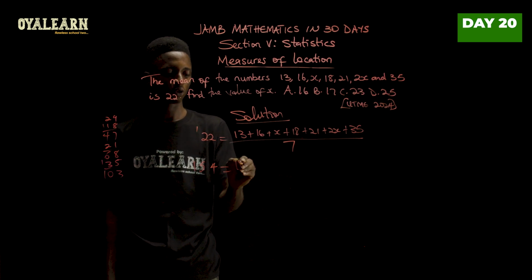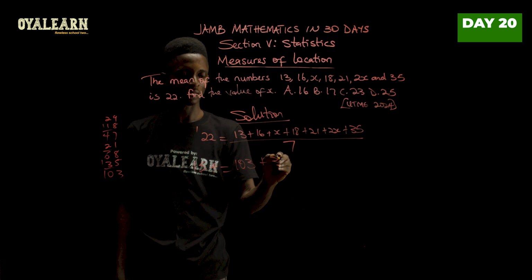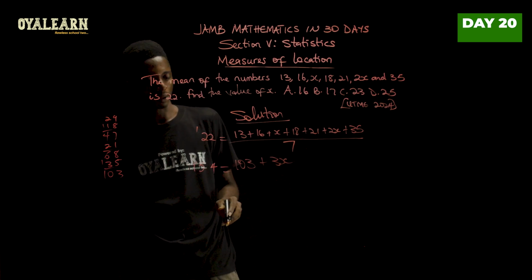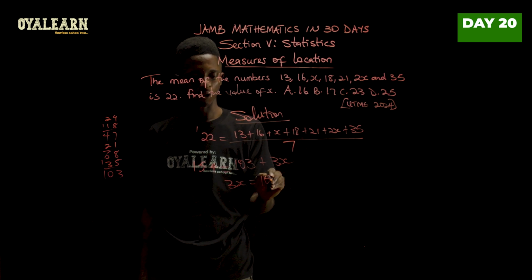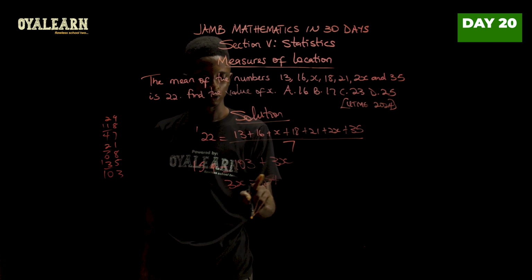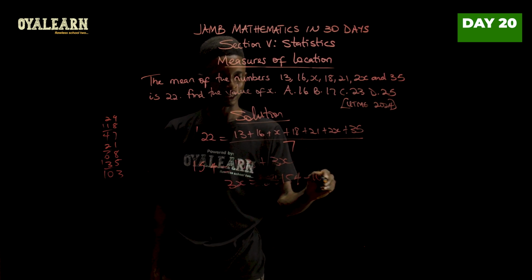So we have 103 plus x plus 2x, that will give us 3x. So from here we can then say 3x equals 154 minus 103.